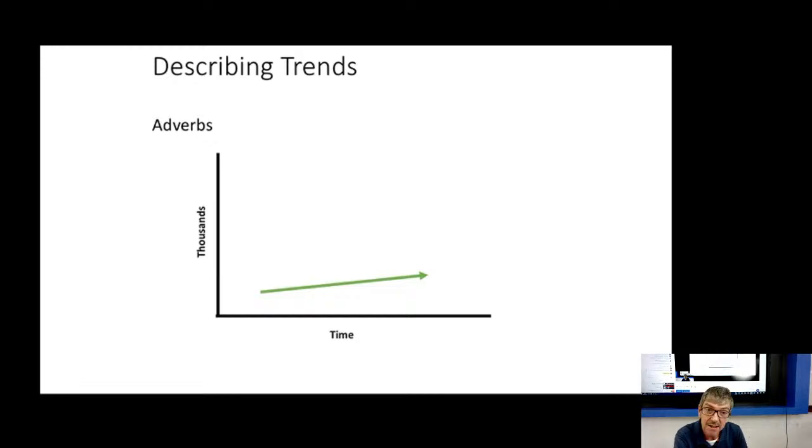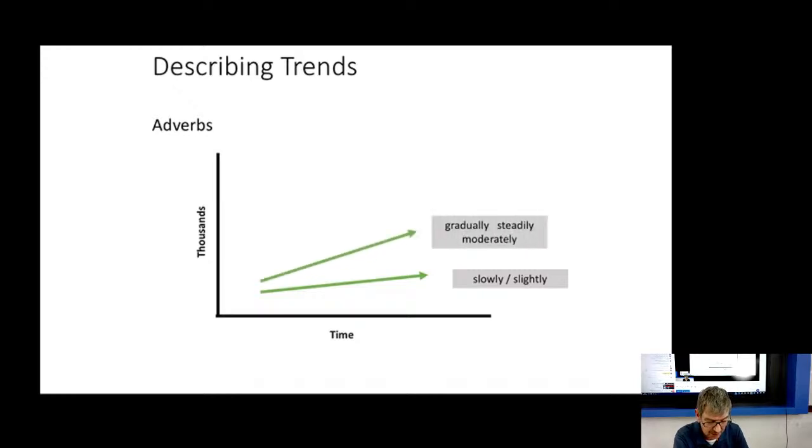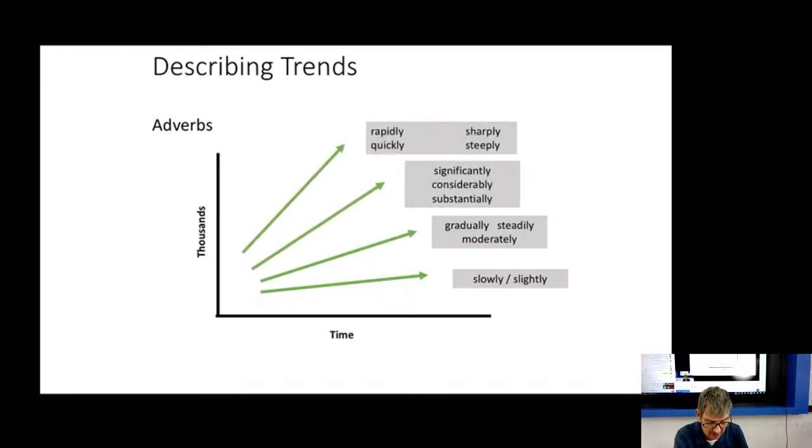So is it slow, like this one, slowly and slightly, then a little bit faster, and then more faster, and then faster still. So we have words you can use for slowly and quickly, and all of the ones in between. Alright, so now we can talk about the increase and decrease.